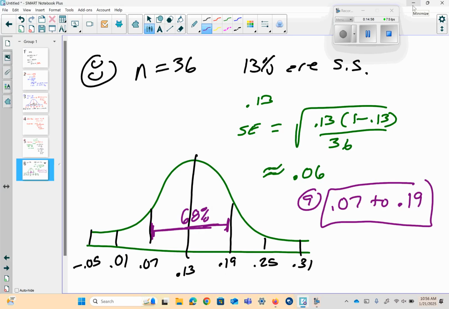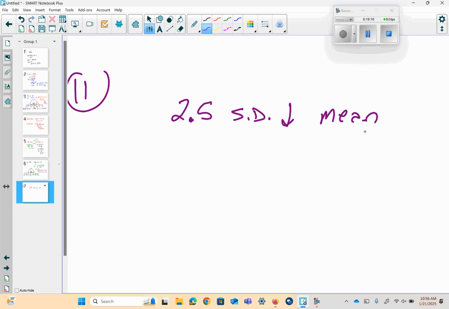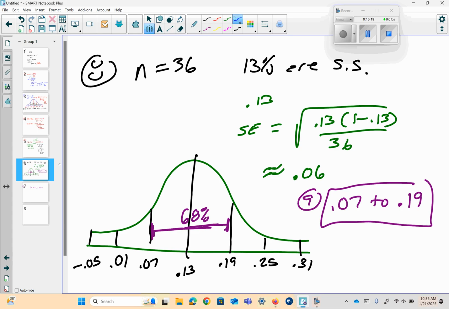So on number 11, thank you. 2.5 standard deviations below the mean, which if you look back at our graph, 2.5 standard deviations, here's 1, here's 2.